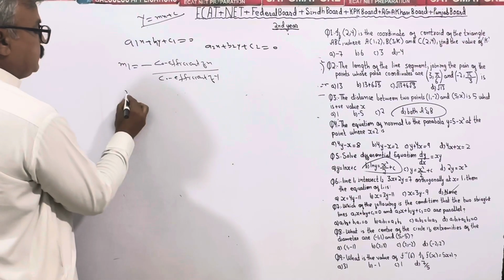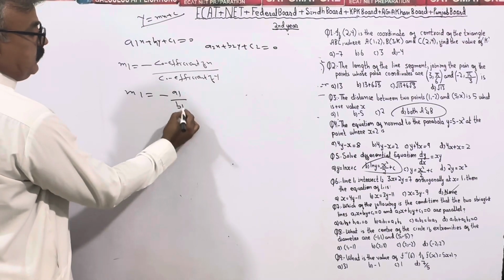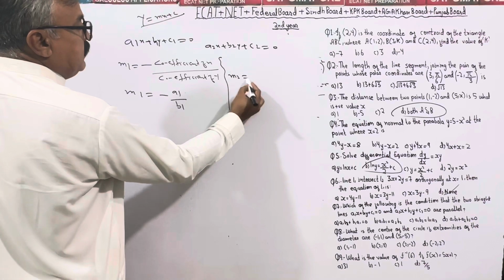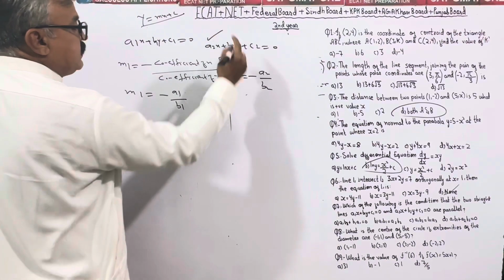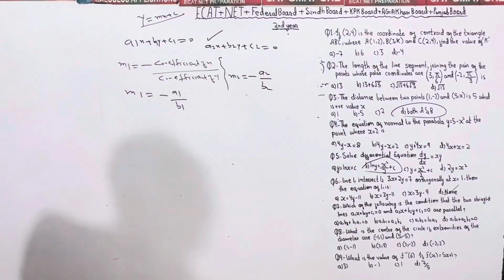So m1 is minus a1 over b1. Similarly, for the second line, the slope is given by m2 is equal to minus a2 over b2, the negative coefficient of x divided by coefficient of y.